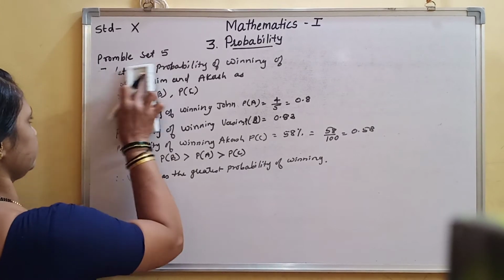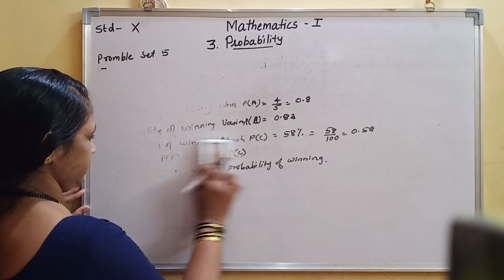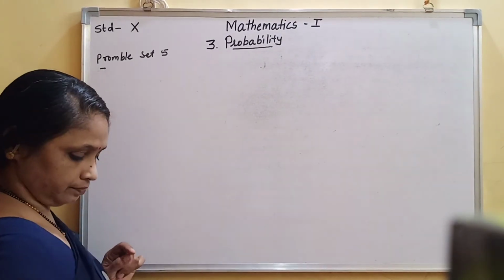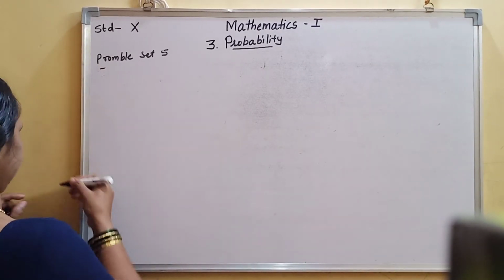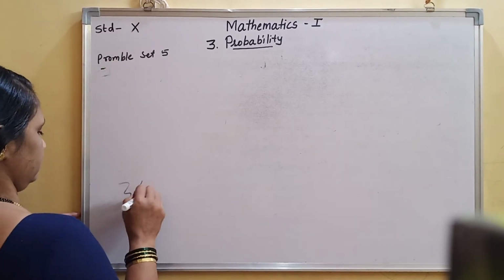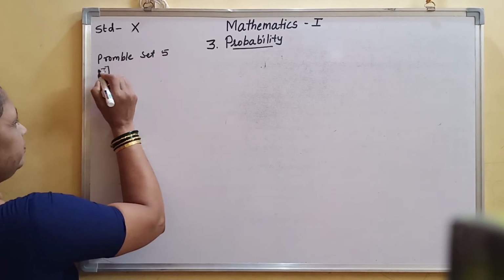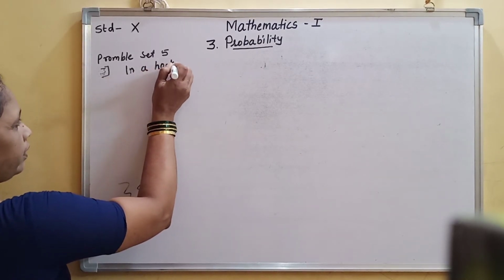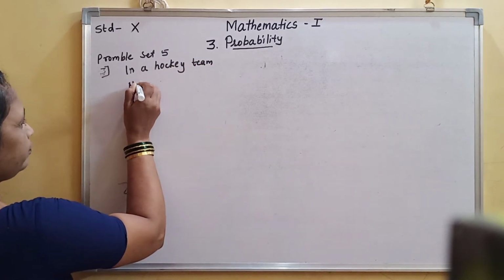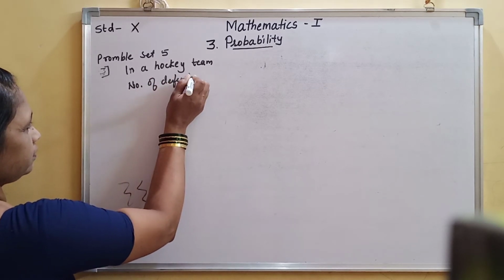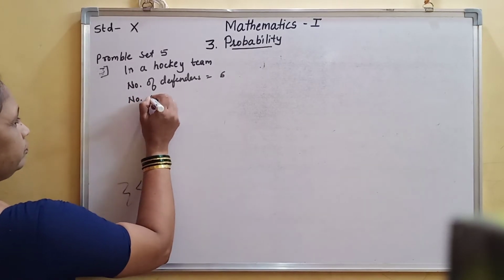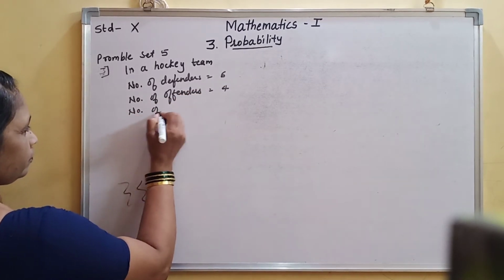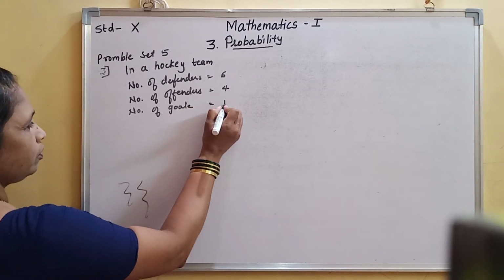Question number 3. In a hockey team, number of defenders is equal to 6, number of offenders is equal to 4 and number of goalie is equal to 1.